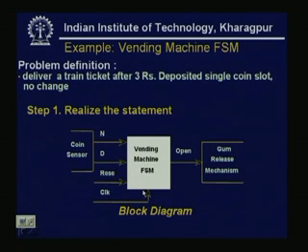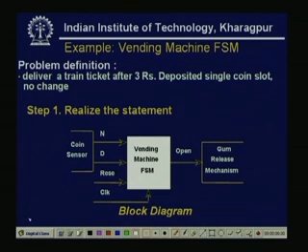Then this is the block diagram level of the circuit. See, this is my FSM to be designed, and this is a coin sensor, where I am depositing the coin.